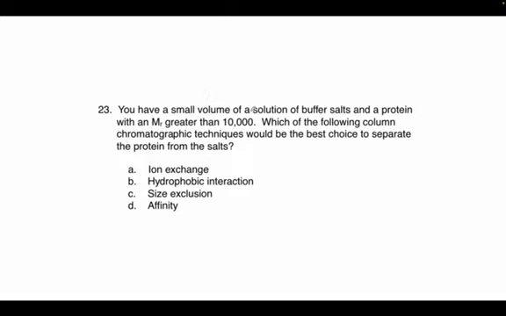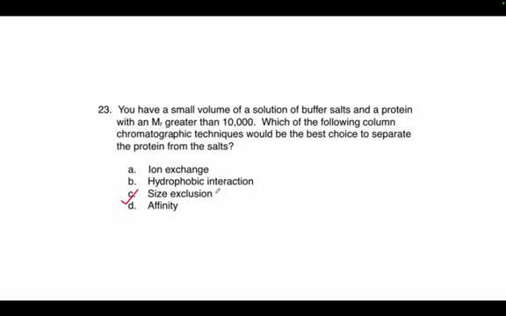We have a small volume of a solution of buffer salts and a protein with MR greater than 10,000. Which of the following chromatographic techniques would be the best choice to separate the protein from the salts? So here we see that the protein has a fairly high molecular weight, more than 10 kDa. So we can actually apply size exclusion chromatography to this.